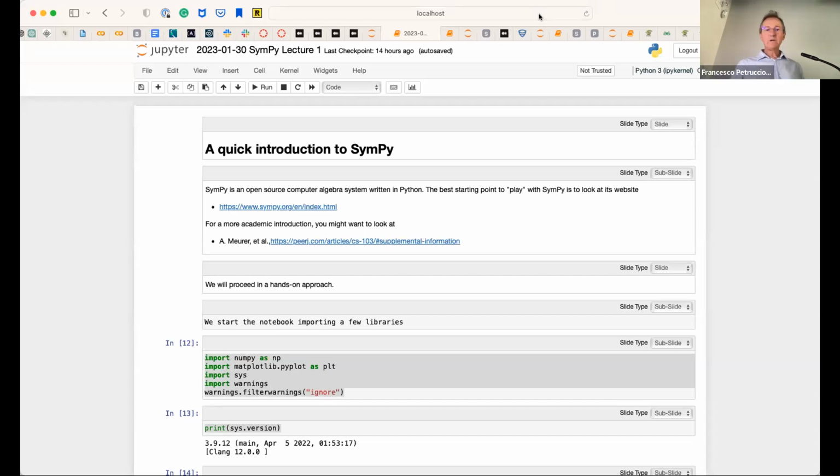You can stop the server, or you can just disconnect from it, and the server goes on running. You just press the kernel, or you just close it and open it again. So that should be all right. Are there any more questions from the people here in the audience and online?